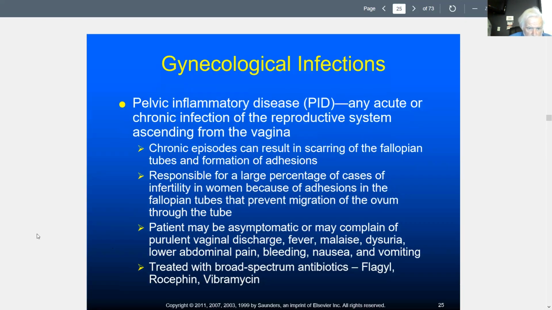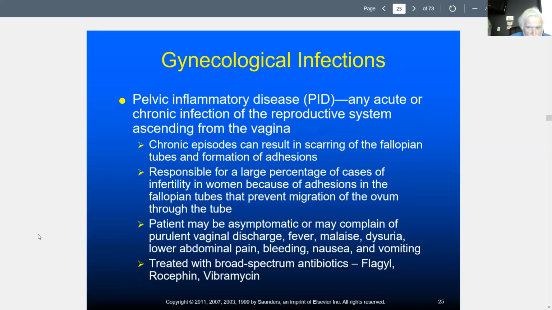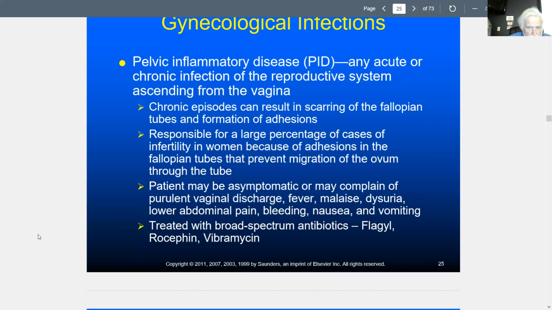Other things, we have pelvic inflammatory disease. This is a description rather than a disease, because it's basically showing an inflammatory process from some cause. It could be antibiotics, it could be other things as well.